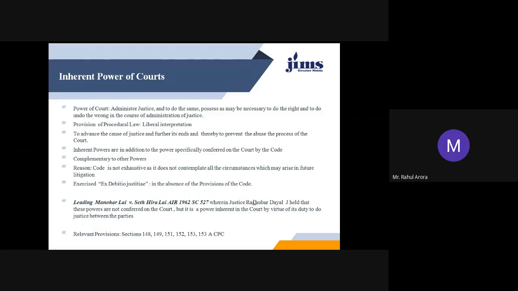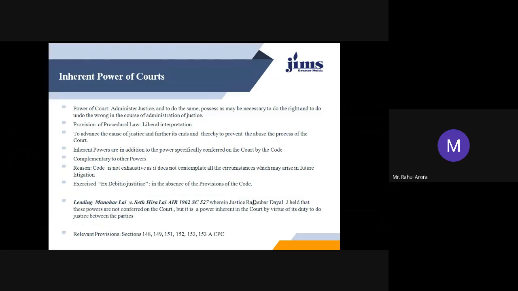But there are certain situations which have not been contemplated by the legislature at the time of preparing this legislation. As such, some more powers are needed for administering justice with regard to the issues which have not been dealt with under this code.